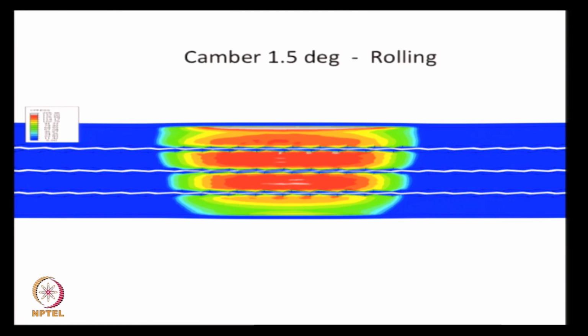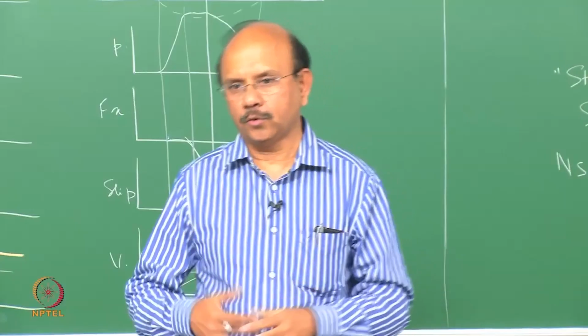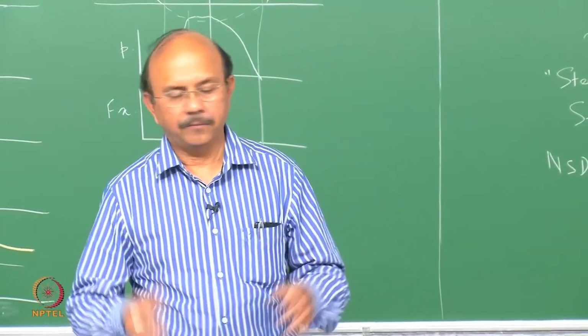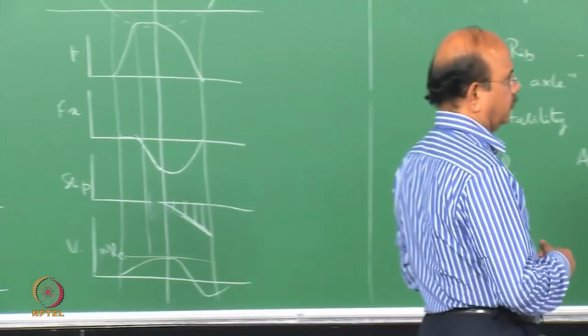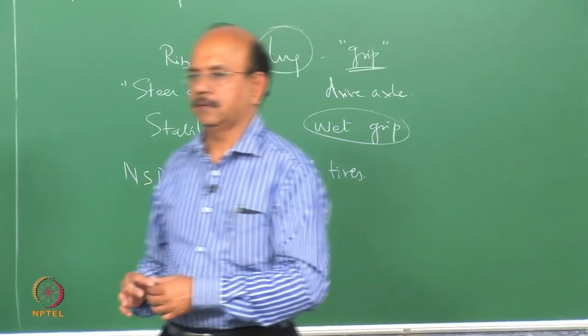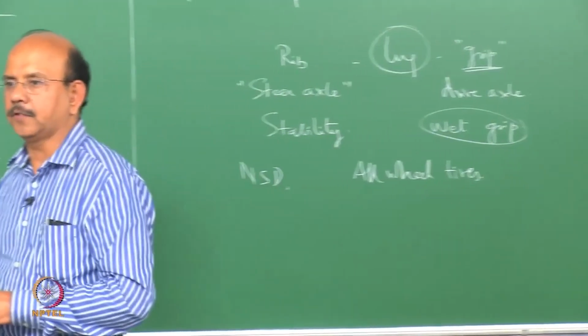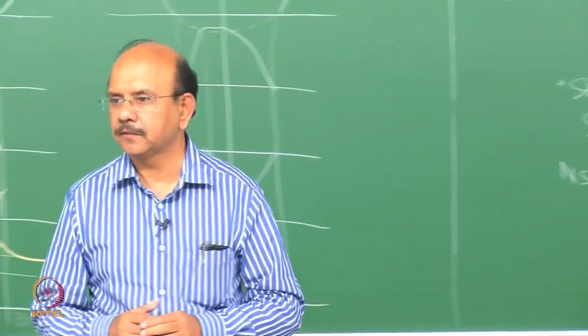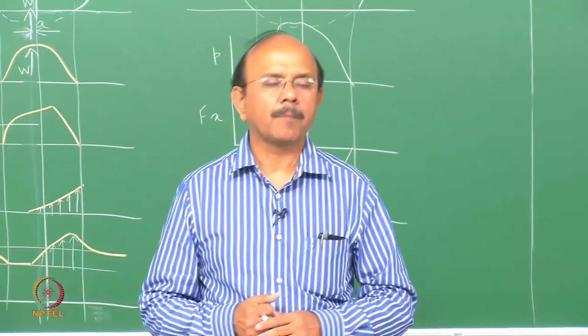One is the camber of the road. The road has its own camber, maybe 1 degree. Most roads in this country have 1 degree, but it varies from country to country and is governed by certain standards.